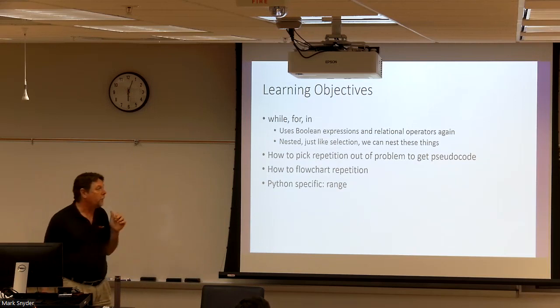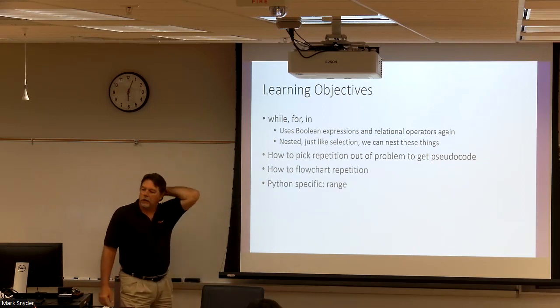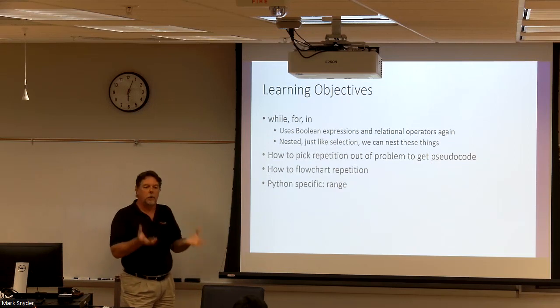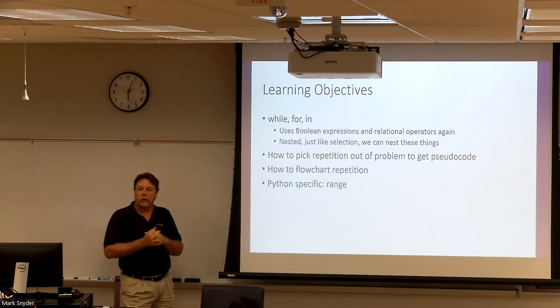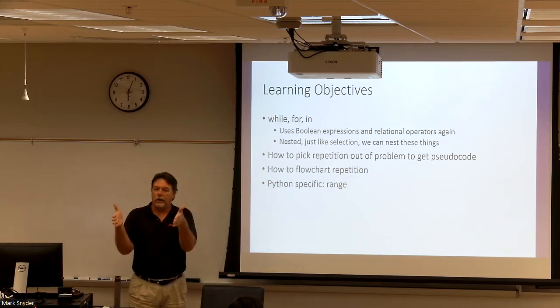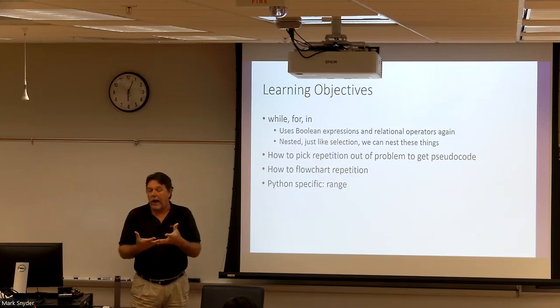So what we're going to try to cover tonight is the different forms of repetition that we have available to us. Keep in mind, this uses those Boolean expressions that we've been talking about when we were doing the if statements, if and a Boolean expression. So you can kind of read those Boolean expressions and add "is true" or "is false" at the end of it, because that's actually what we're asking.